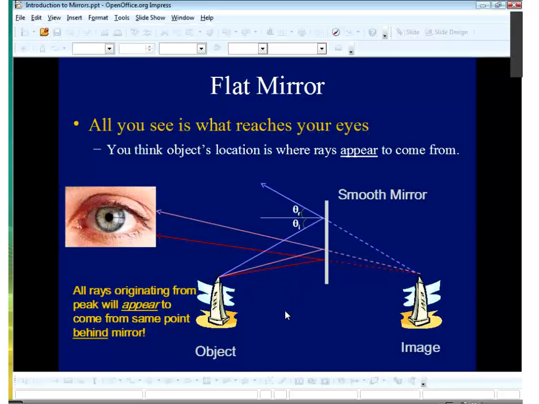But in reality each point is going to reflect light which is coming from sun, and that light will go like this, get reflected from the mirror, and reach the eyes. So in a ray diagram, we generally don't complicate things by taking large number of points.